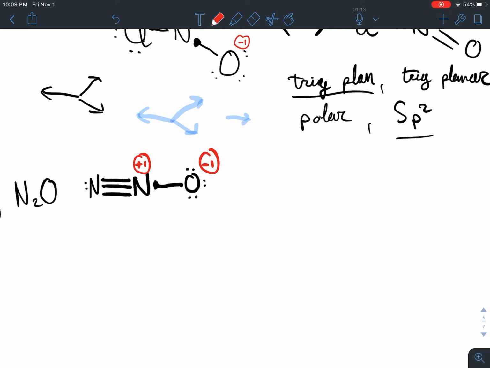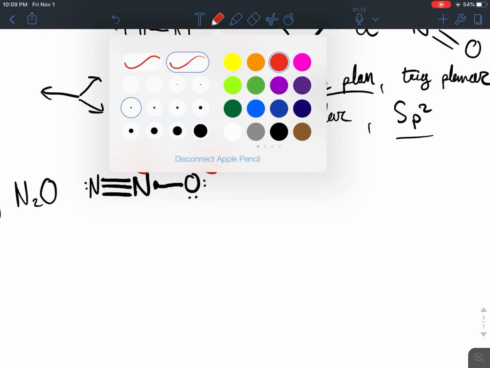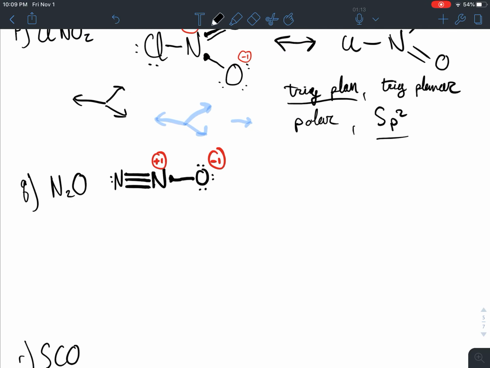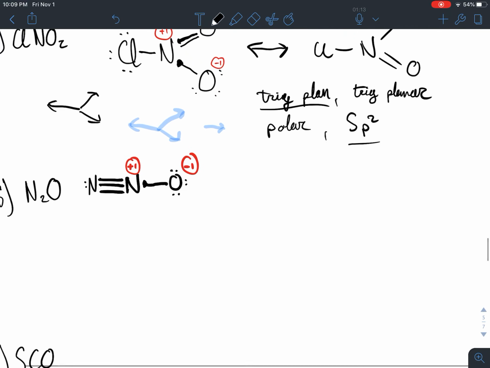The electrons check up, and this is way more reasonable than saying that there's a +2 charge on oxygen. Therefore, that is what you want to write on your test. Okay, so this nitrogen is the central atom. It is linear. The shape is also linear.